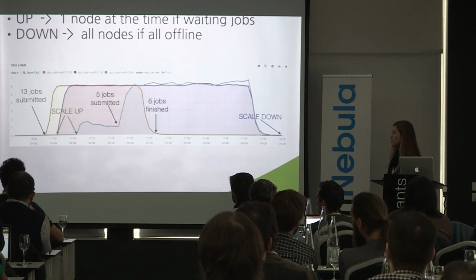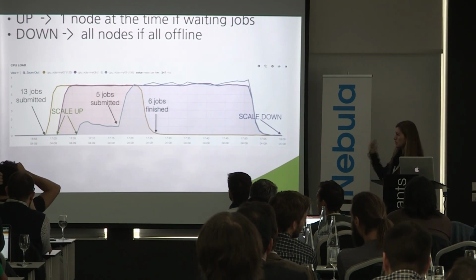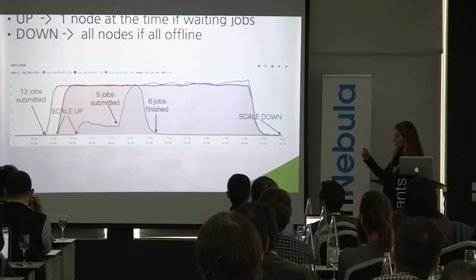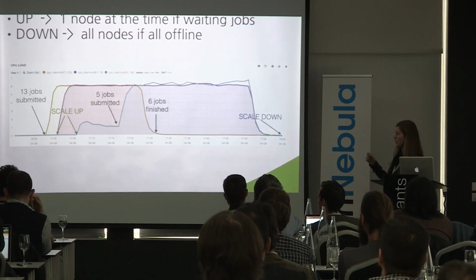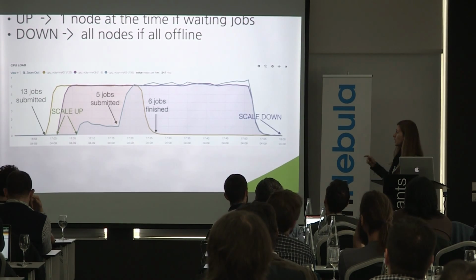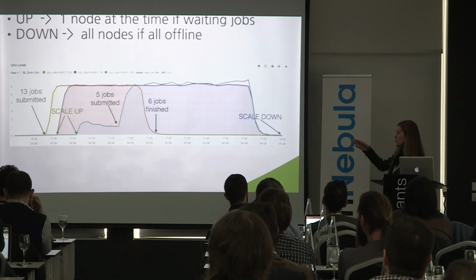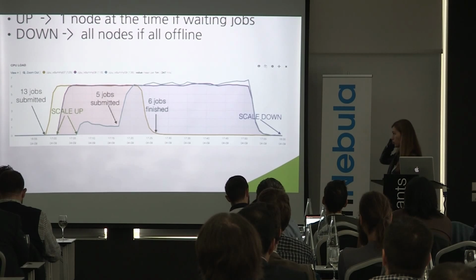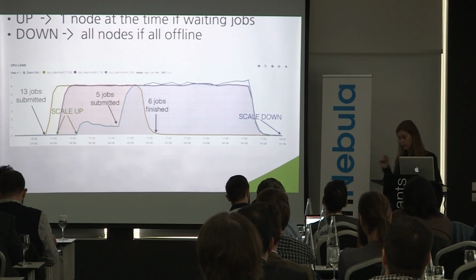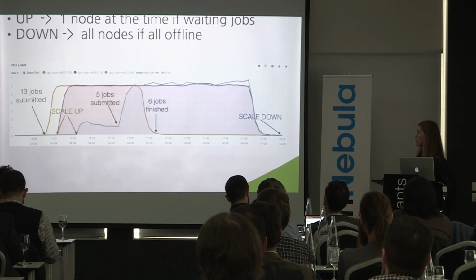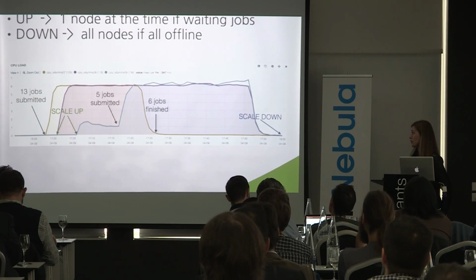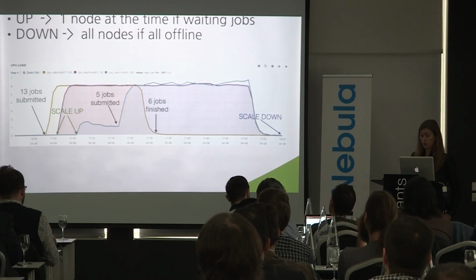At the beginning we start running some jobs and immediately you see the CPU load of the existing node increase, and then after a certain period you have the scale up of a second node, and then the cool down period, and again. Even when some jobs finish, the scale down of all machines happens only when all the jobs have finished. It's not really 100% efficient, but it's better than keeping all the resources idle all the time.